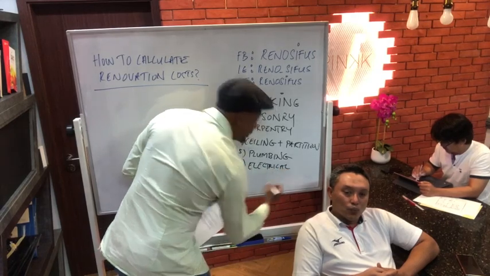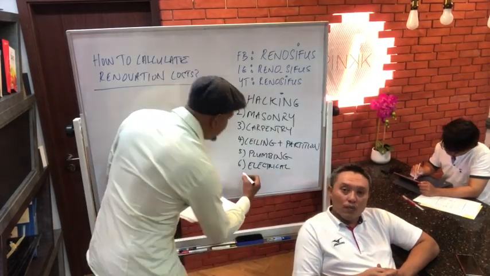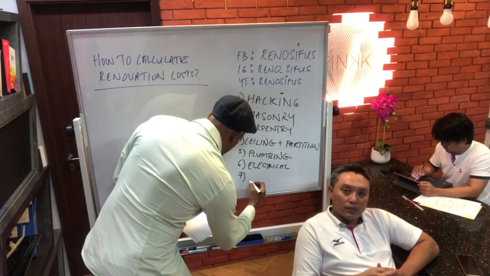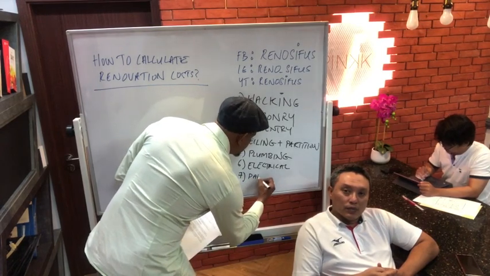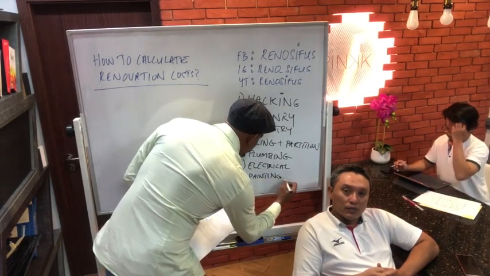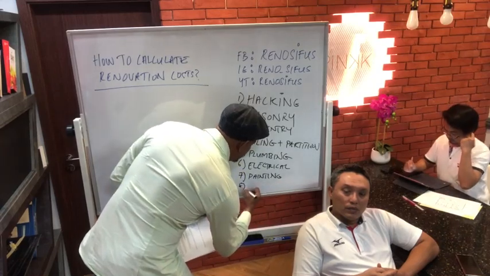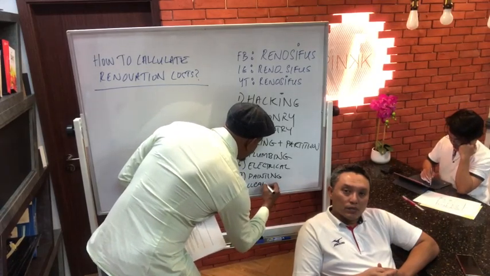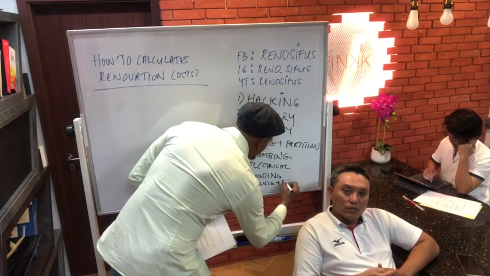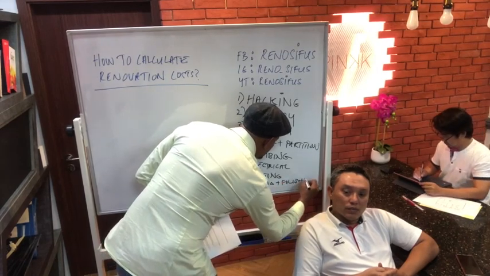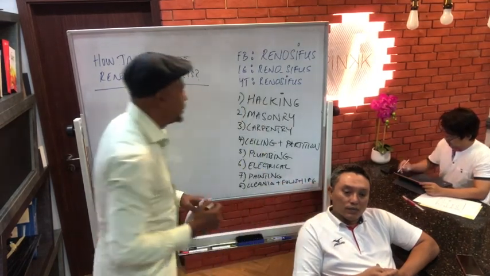I'm just going to write down first before we go in depth. And then you have painting works, and cleaning and polishing. Okay, so let's go on to the first one, which is plumbing work.